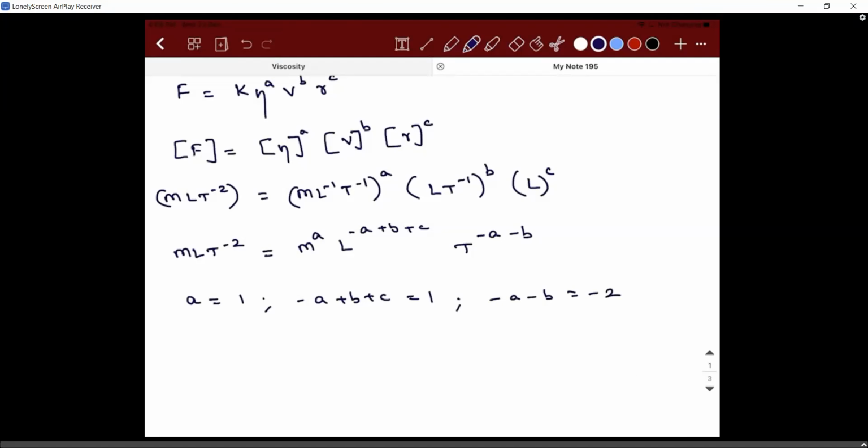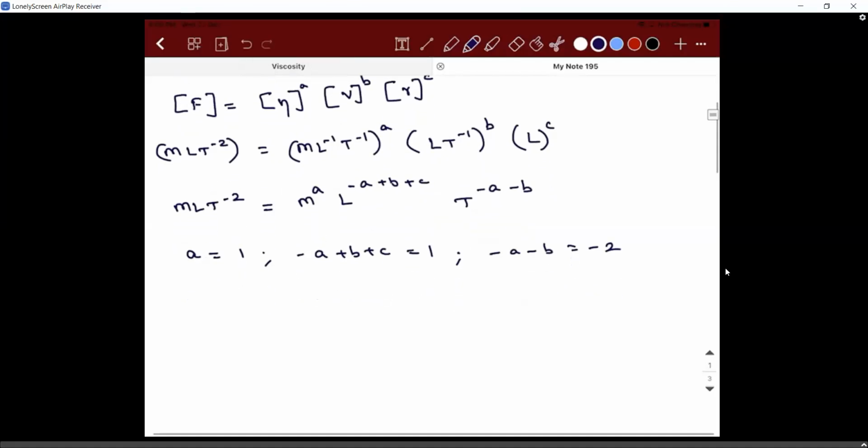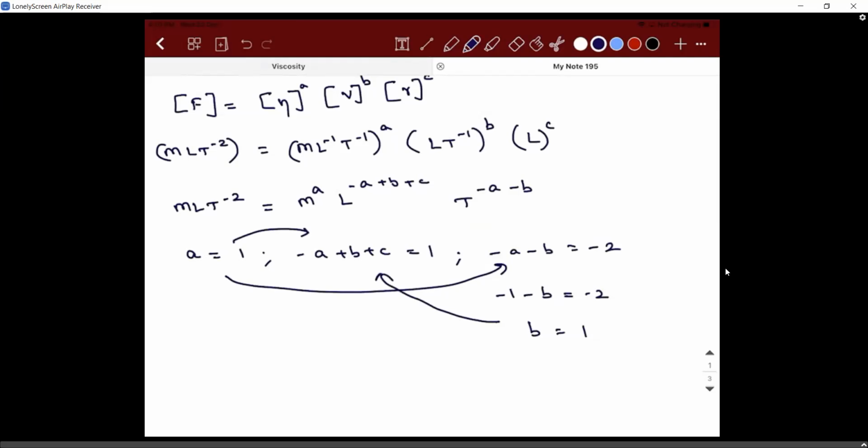So it is -2. So if I take all these values and try to solve, if I put A is equal to 1 in this expression, -1 - B is -2. So B is equal to 1. So A is equal to 1 and B is equal to 1.